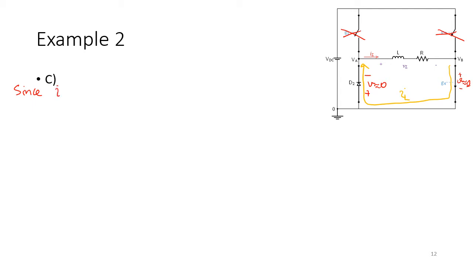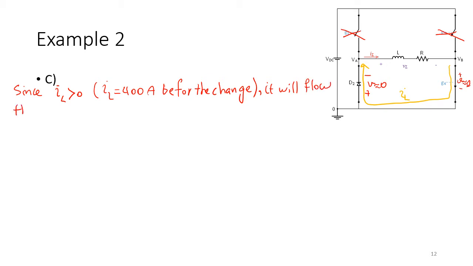Since IL is greater than 0, in fact IL was equal to 400 ampere just before the change, it will flow through D2.